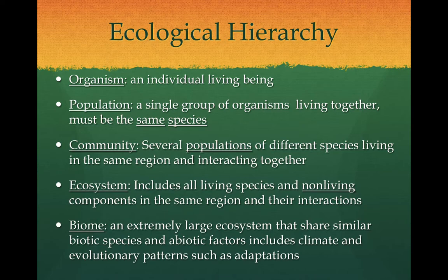Community and ecosystem is actually a very similar concept, except ecosystems also include the non-living components. Whenever we say non-living, what we mean is the things that aren't alive and never were alive, like water. How much rain does an area get? How much water is available? It could also be the amount of nutrients in the soil.